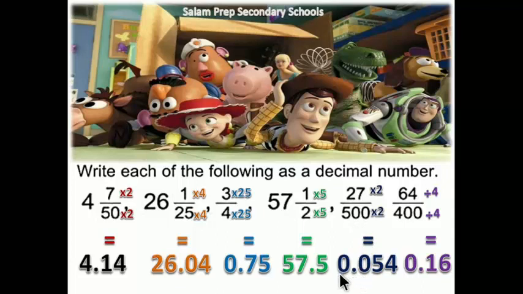There is no whole number, so we can write 0. 54, take care. 54 over 1000. 1000 means we have tenths, hundredths, thousandths. 54, write 4 in thousandths, 5 in hundredths, and there is no digit. We can put 0 in tenths. Okay? The answer is 54 thousandths.